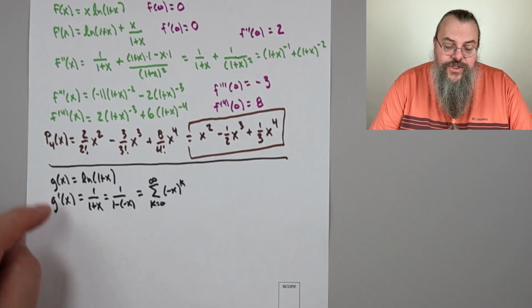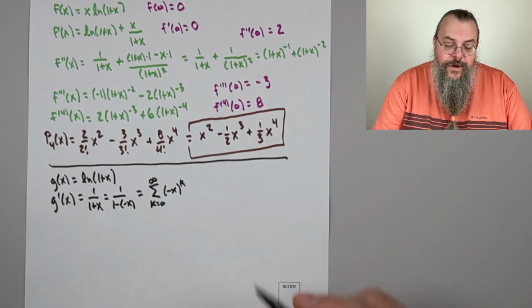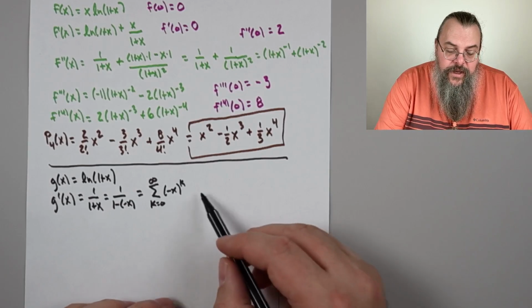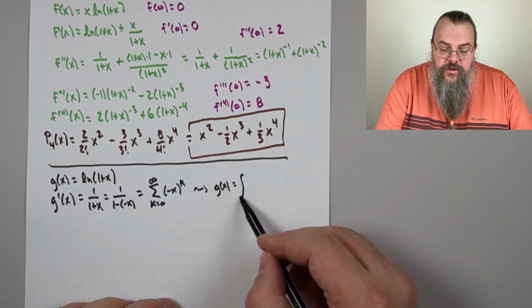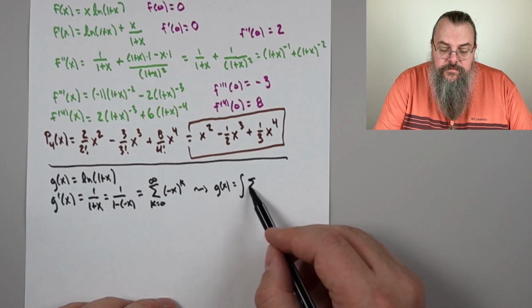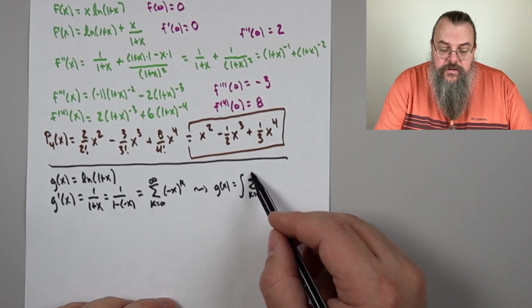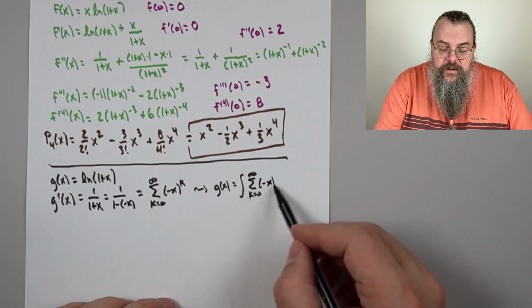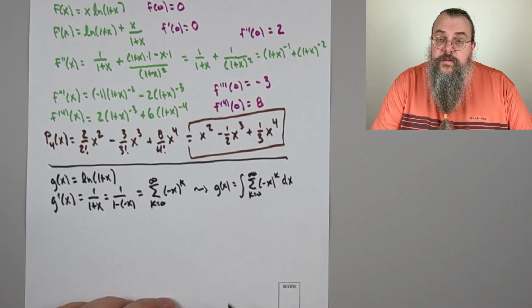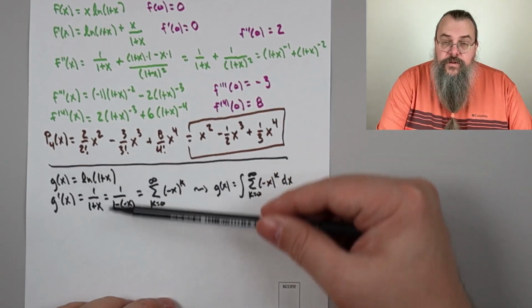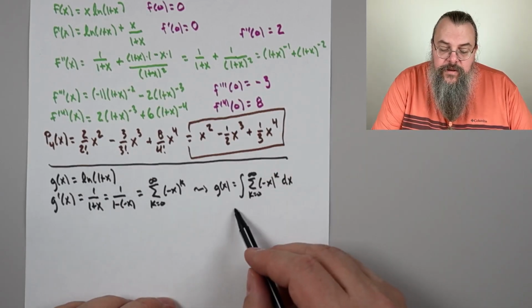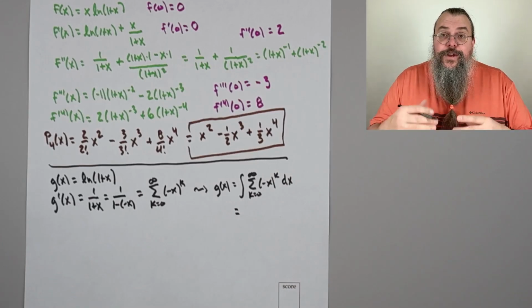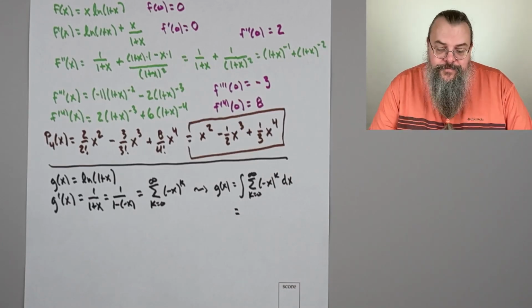Okay, so now that's g prime of x. So how do we turn g of x into a polynomial? Well, we integrate. So g of x is the integral of the sum, 0 to infinity, of minus x to the k dx, because we took a derivative, so now we've got to go backwards. The nice thing about integration is you can do it term by term.